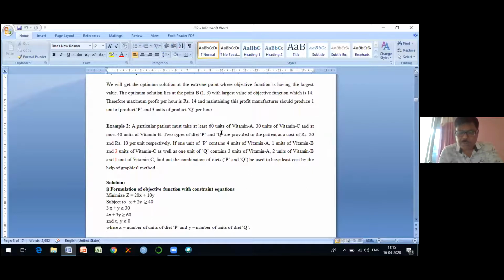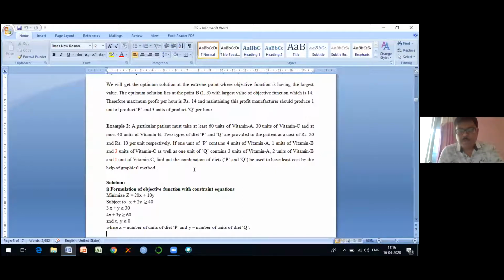We don't know how many units will be produced. So we are assuming that X quantity of P product and Y quantity of Q product will be produced. For 1 unit of P, our cost is 20 rupees, so for X quantity of P product, we require 20X.